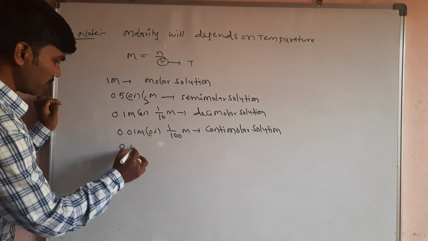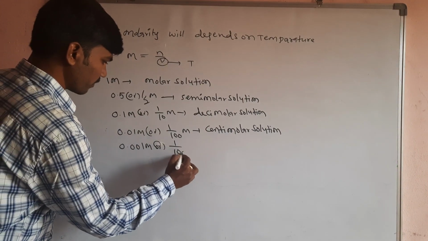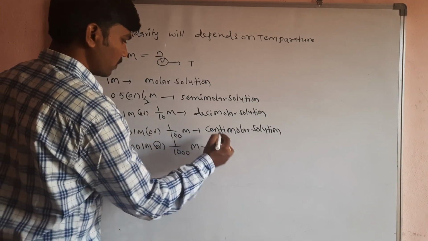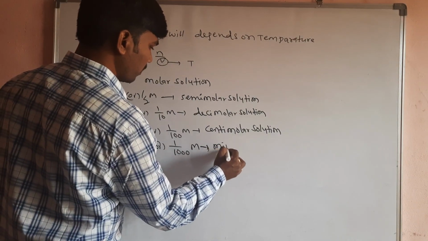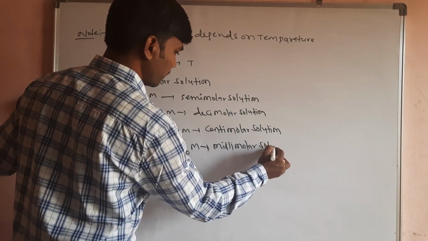And if the molarity is 0.001 M or 1/1000 M, it is called a millimolar solution.